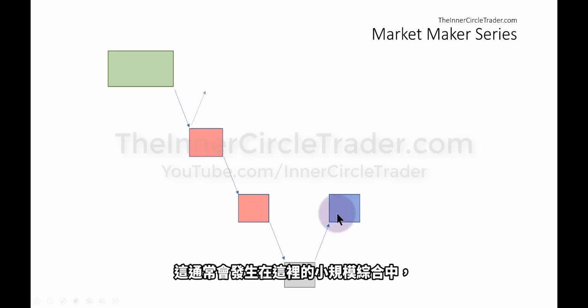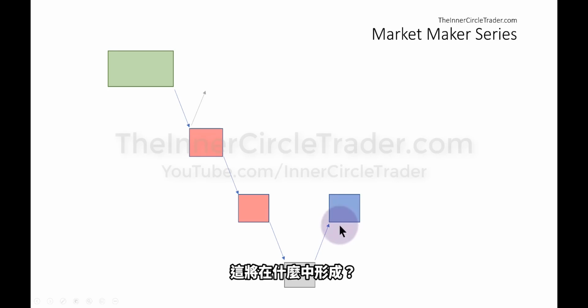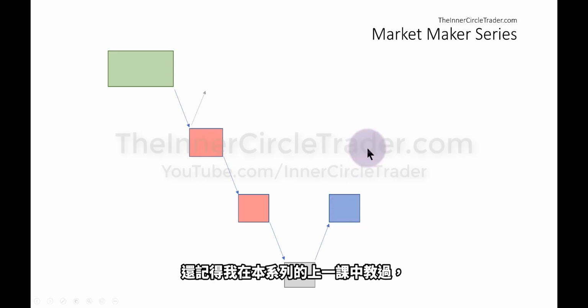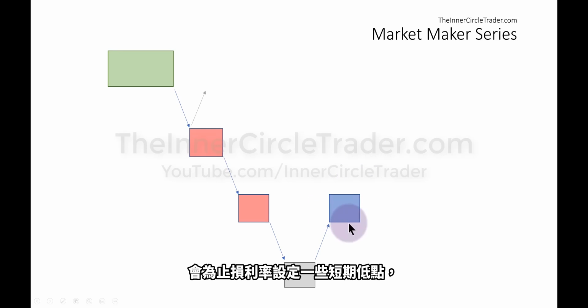And that usually will happen over here in a small little consolidation, which will form in what? In the form of an optimal trade entry buy, or a low, and then a short-term lower low that takes out buy stops and then rallies. Remember I taught in the previous lesson in this series that usually right before significant price advances higher, some little short-term lows are taken out for stop raids, and they assume those positions.